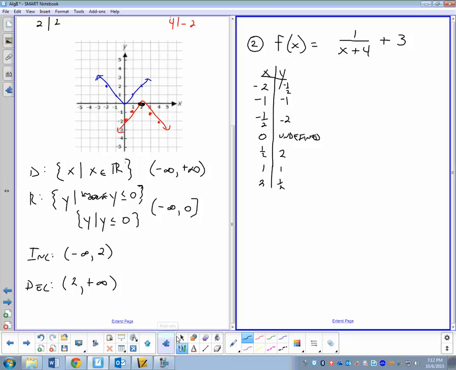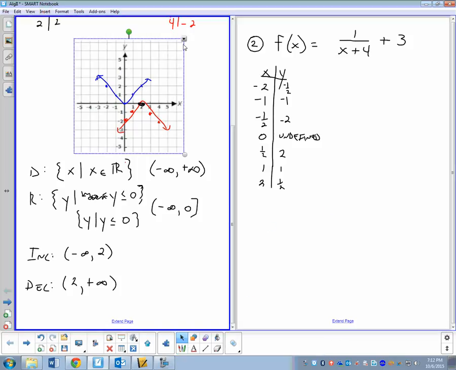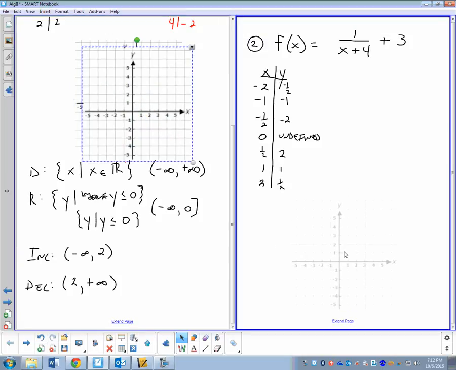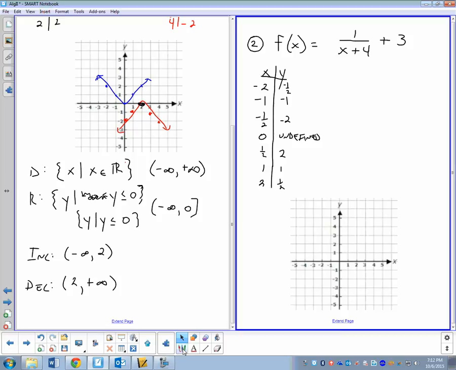And we can graph those points to remind ourselves what the graph of the reciprocal function looks like. So we've got negative 2, negative 1/2. That's 2 to the left and then down halfway between 0 and negative 1. Negative 1, negative 1. Negative 1/2, which would be halfway in between 0 and negative 1, comma, negative 2.